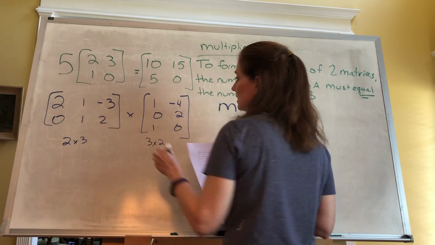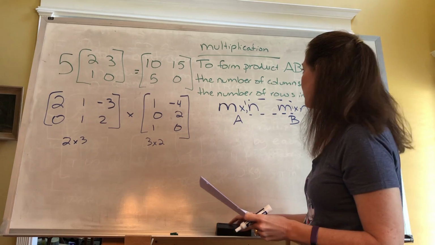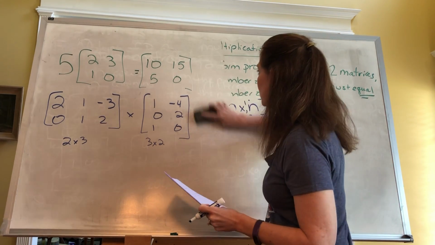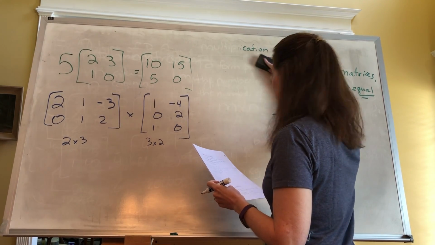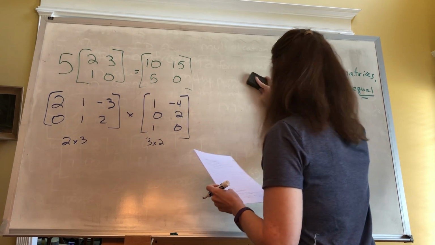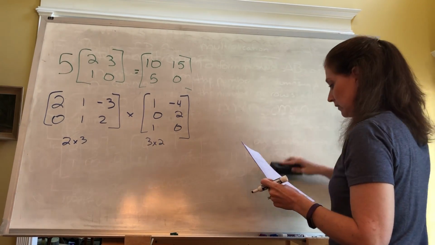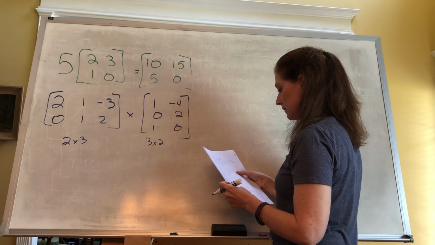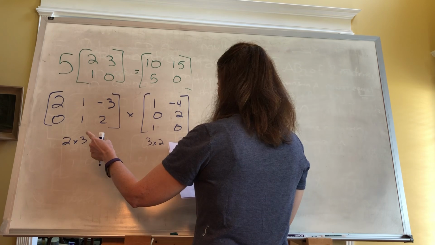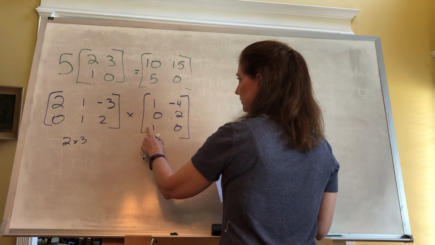So the 3's match up, and so we can multiply these together. To do so, we're going to multiply the first row by the first column.